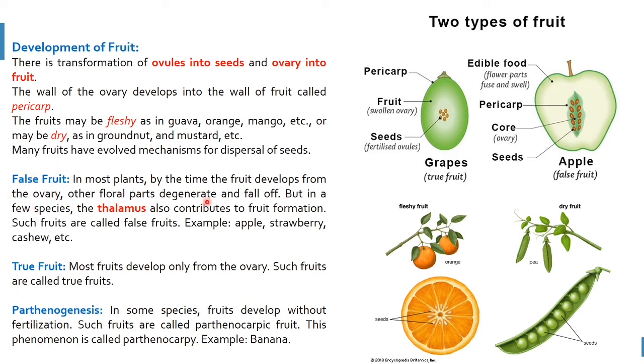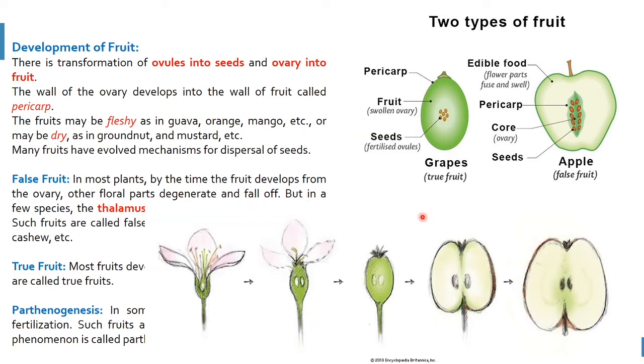In some plants, the thalamus is involved. Let's take the example of an apple. In this, the ovary is enclosed by a receptacle known as thalamus. In case of apple, the fruit forms from this thalamus. The thalamus enlarges, totally encloses the ovules and ovary, and becomes fleshy.